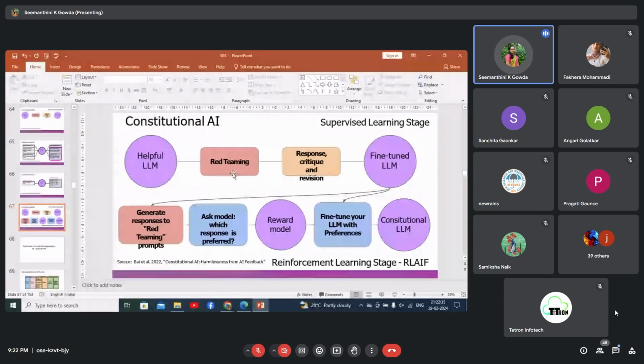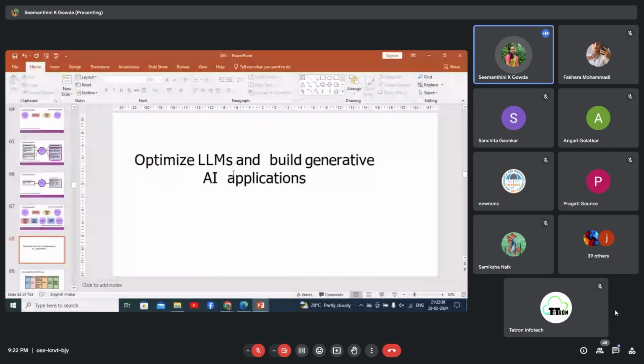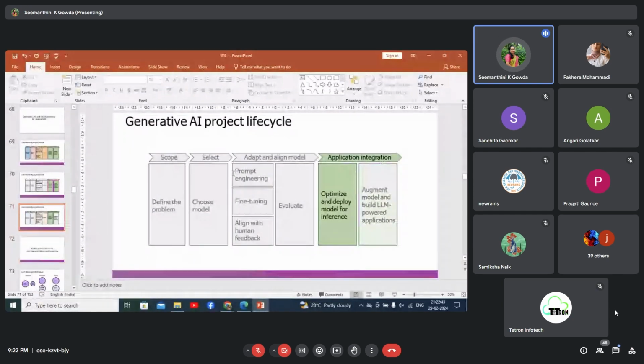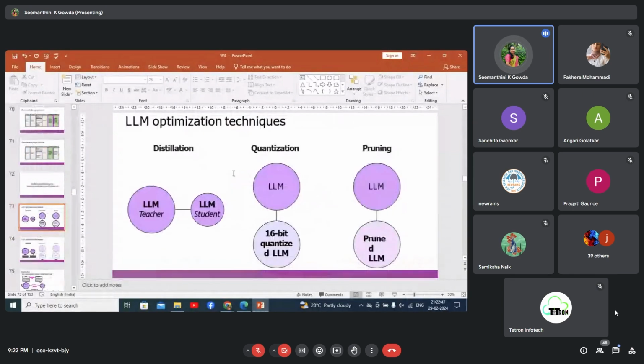And this is also one concept. Another concept is with respect to deployment, using optimization techniques. What are the different optimization techniques we use? Either distillation, quantization, or pruning. Distillation: large data will be represented as small data, or the teacher trains the student. That is one example of distillation.